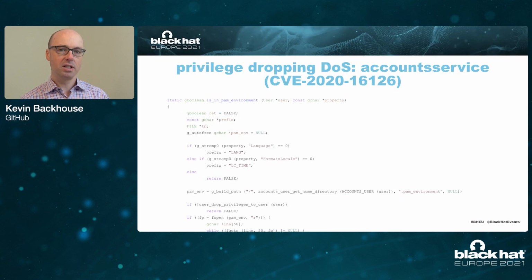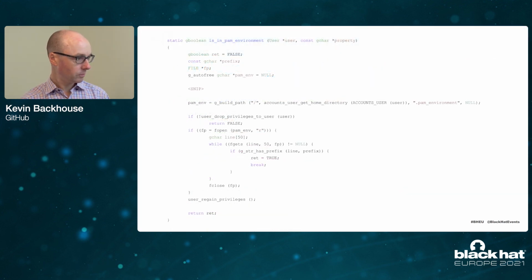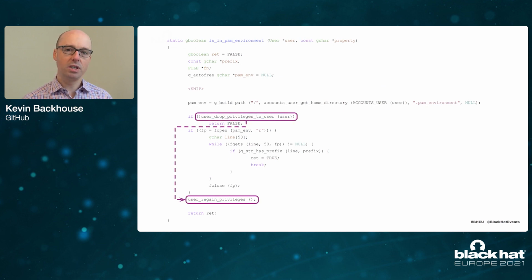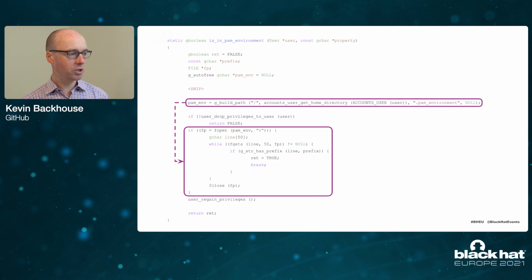Now, this is an example of a denial of service vulnerability in the account service caused by bad privilege dropping. I'll make that bigger again. So you can see here that it's temporarily dropping privileges to read a file, and then it regains them again afterwards. But there's two problems here.